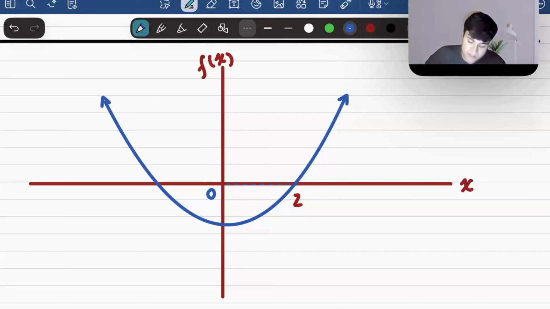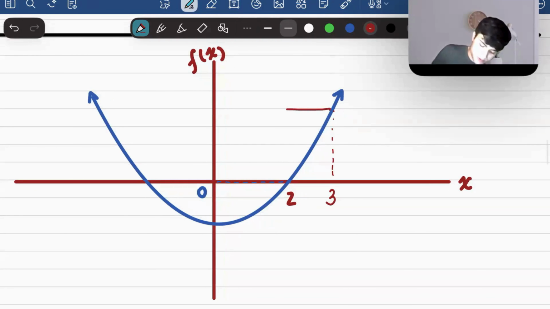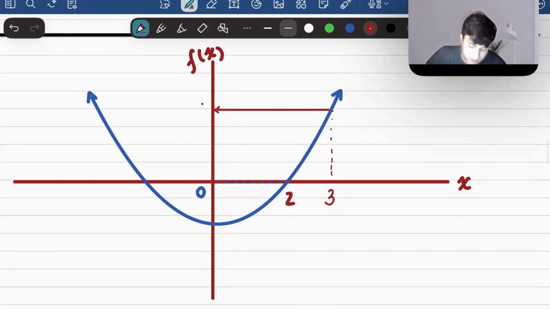Now, if I take another value, let's say 3, and the y value here, or the f of x value here, could be something like 9. We consider this point as a coordinate, and we write down the x coordinate first and then the y coordinate.